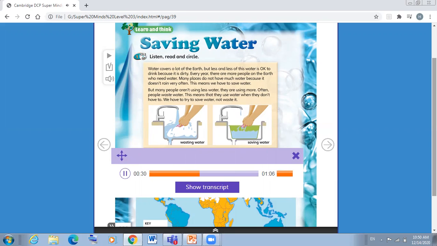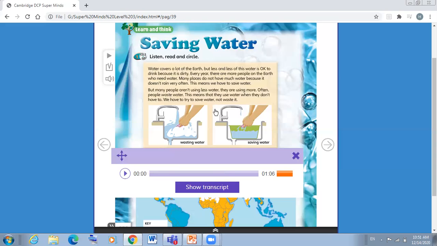Many places do not have much water because it doesn't rain very often. This means we have to save water. But many people aren't using less water, they are using more. Often, people waste water. This means that they use water when they don't have to. We have to try to save water, not waste it.